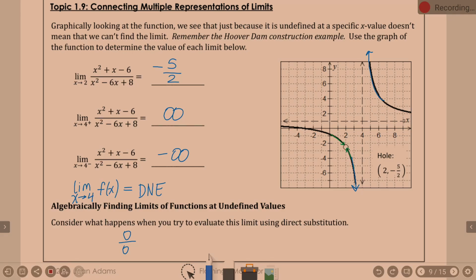And what I will say is another option that you're going to get when you run into problems is infinity over infinity. We haven't gotten to that yet, but that's going to become indeterminate forms. Okay, continuing.